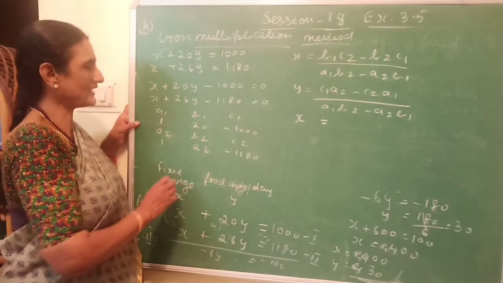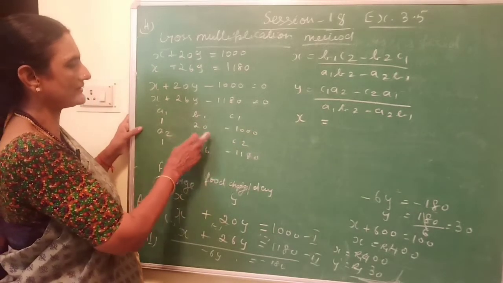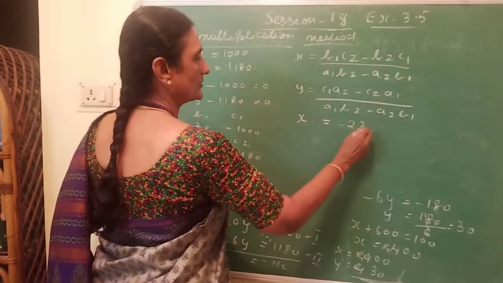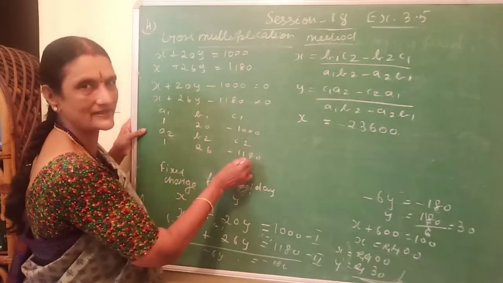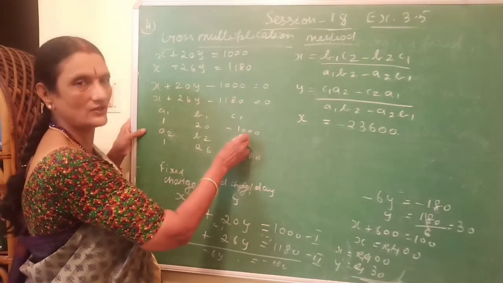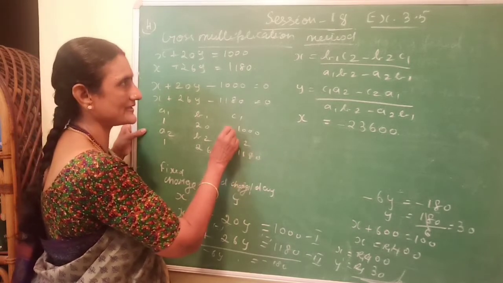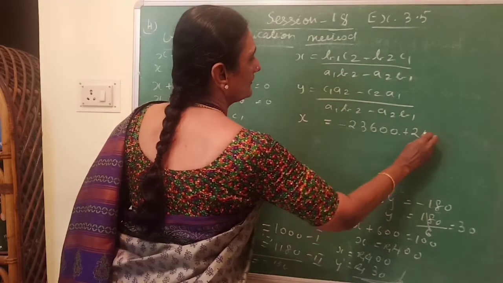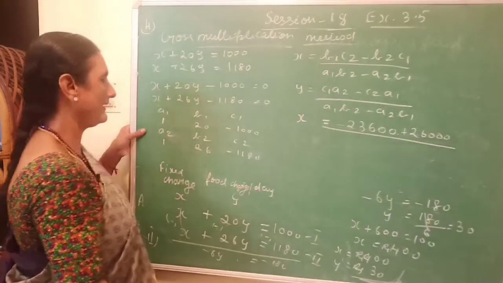Now what is x equal to? First is b1c2. Where is b1 and c2? So what do you get? Minus 23,600, that is 20 into 1180. Now 26 into 1000 gives you 26,000, and there is a negative sign; minus 26,000 along with this negative makes it positive. So we will get 26,000, and the whole thing is divided by a1b2.